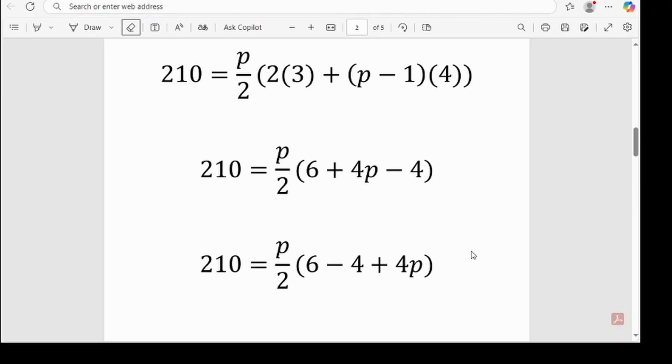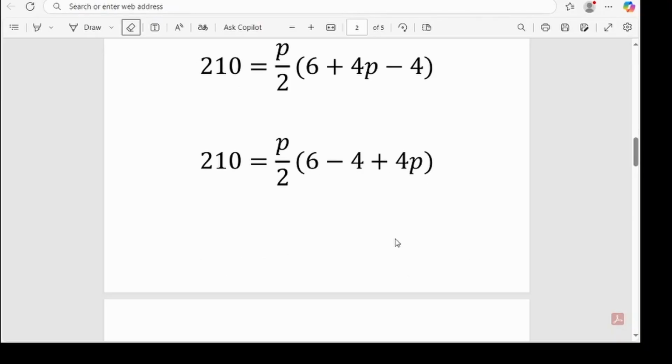We move on to the next step, which is simplifying the equation into its simplest form. There's a fraction here, which is 2. In order to make p stand on its own, we are going to multiply each side by 2.